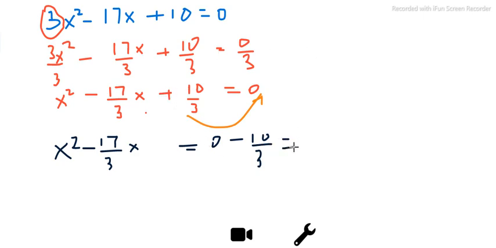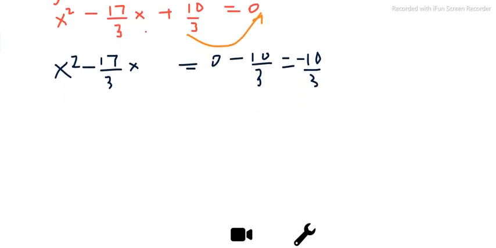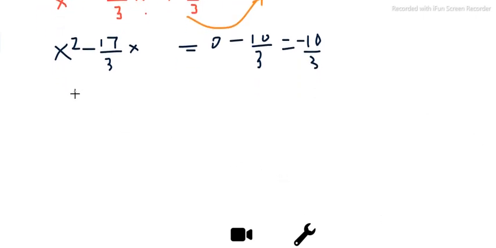So this will still give us minus 10 over 3. So what we have now is x squared minus 17 over 3x equals minus 10 over 3.